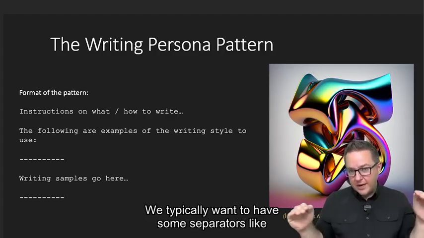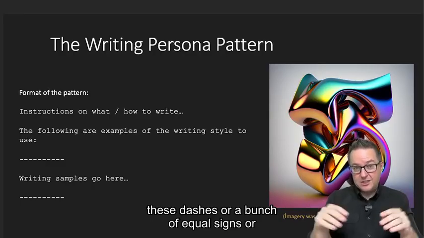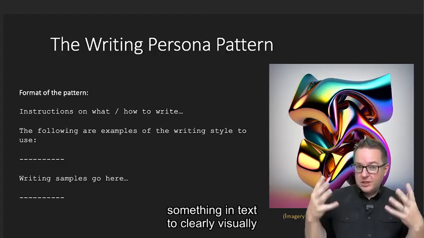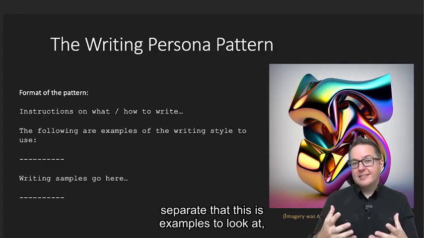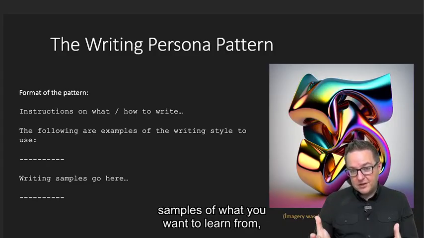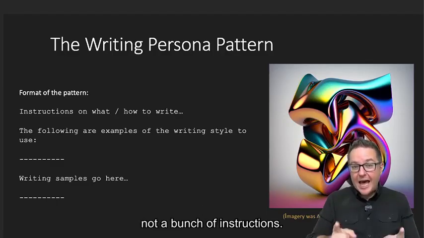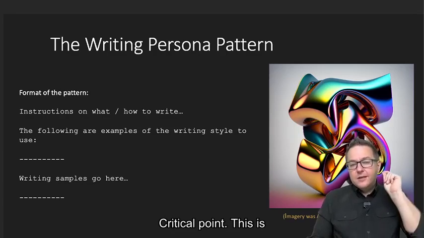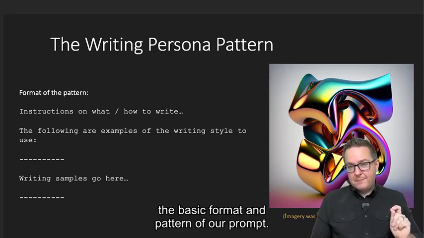So we typically want to have some separators like these dashes or a bunch of equal signs or something in text to clearly visually separate that this is examples to look at, samples of what you want to learn from, not a bunch of instructions. Critical point.